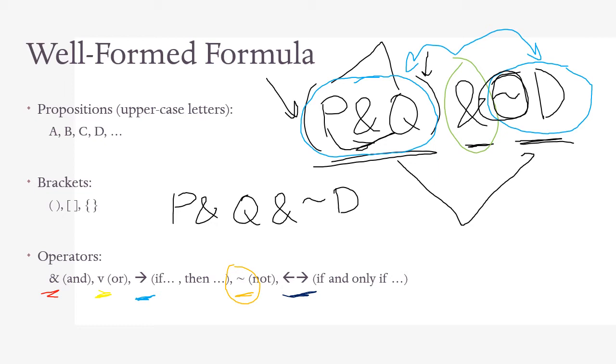Here you have two competing operators, both of them ampersands, and it's not clear whether this Q goes with this not D or if it goes with the P. So you have to have parentheses or brackets over these different propositions to be able to distinguish where this letter goes.